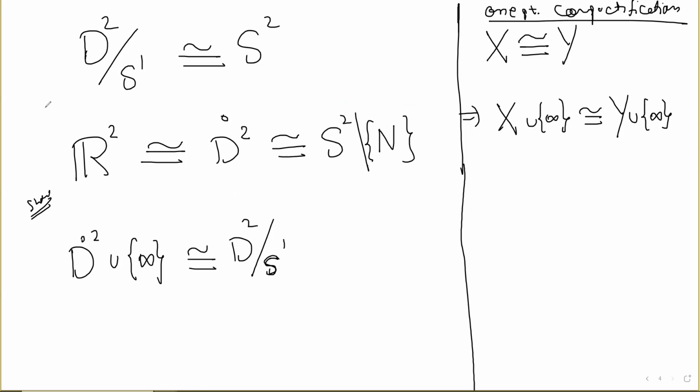So now, you should use the universal property of one point compactification. Then it should come. Means then you should frame it. So what should it be?